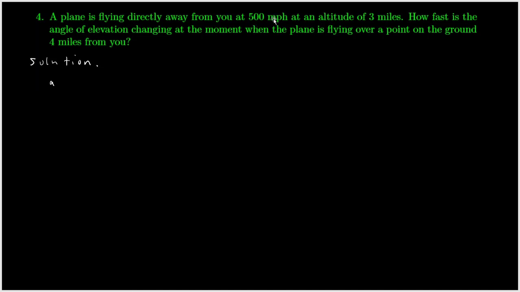The speed is 500 miles per hour, and the height of the plane is 3 miles. It means the plane is flying at the height of 3 miles. The question is how fast, or at what rate, is the angle of elevation changing at the moment when the plane is flying over the point on the ground 4 miles away from you.